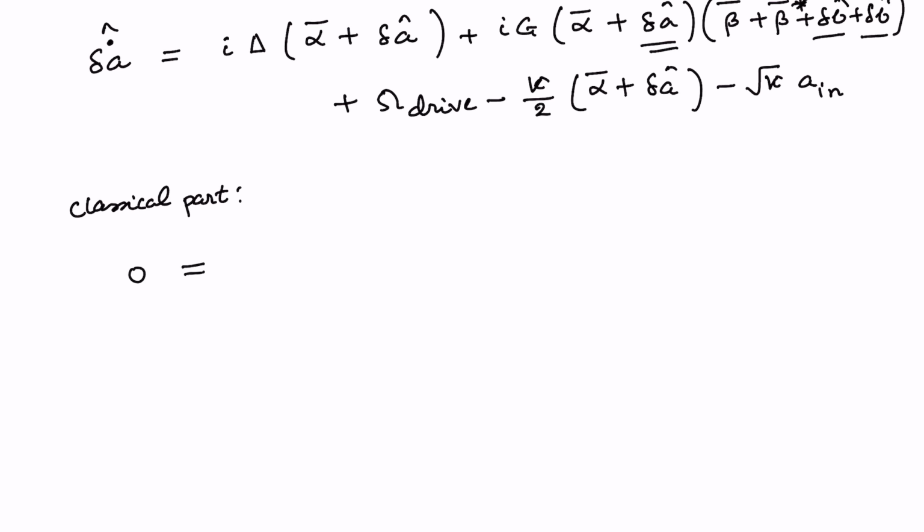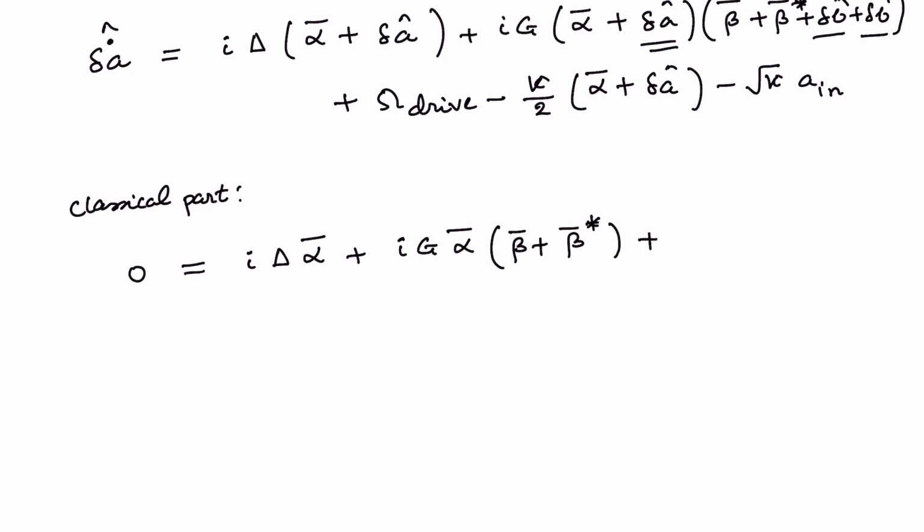And on the right hand side I am going to have i delta alpha bar plus iZ alpha bar into (beta bar plus beta bar star). And then I have omega drive, which is also classical, and minus kappa by 2 alpha bar.